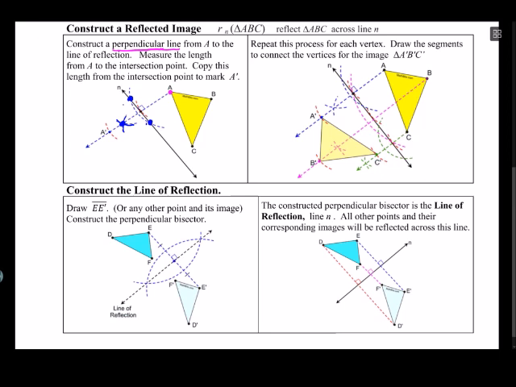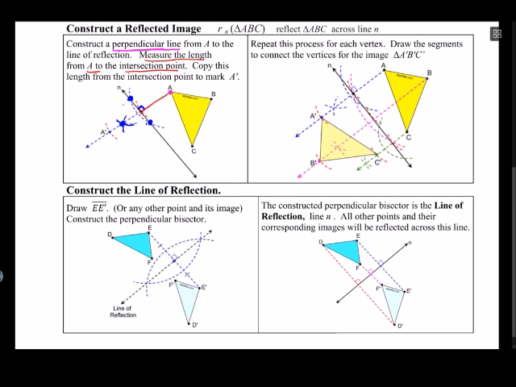That makes this perpendicular to our line of reflection. Then we measure the length from A to the intersection point. We just use our compass to measure this length right here.